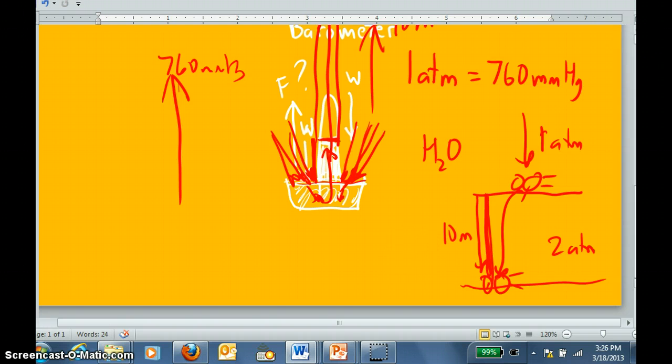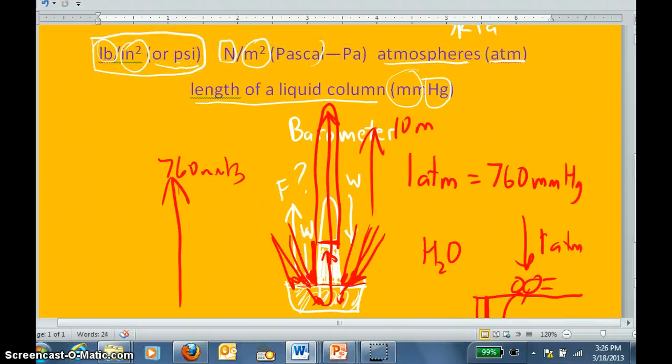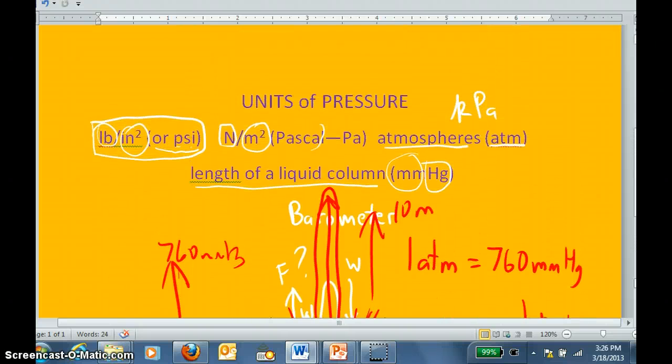So pressure can be measured in a number of different ways using a number of different units. And to set them all equal to one another, so you get a relative scale of these different units, 1 atmosphere is the equivalent of 14.7 pounds per square inch.